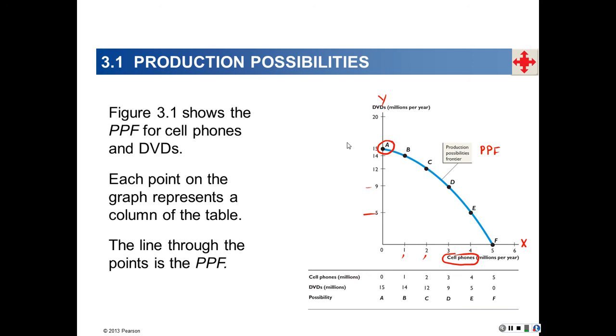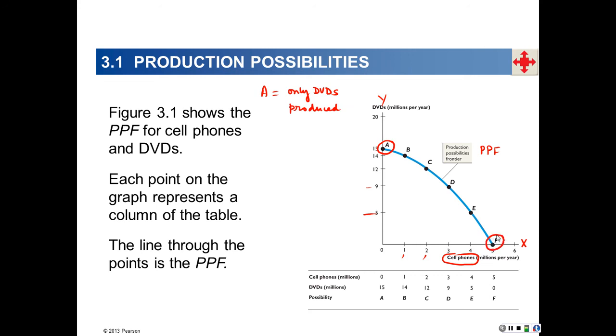So what is point A? Point A is when only DVDs are produced. All the land, labor, capital, and entrepreneurship of this country is devoted to making DVDs, right? At the other extreme, consider point F. Now, what's true about point F?